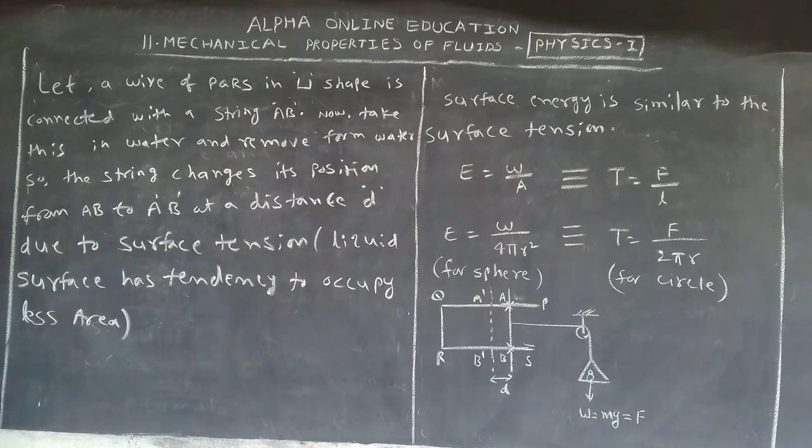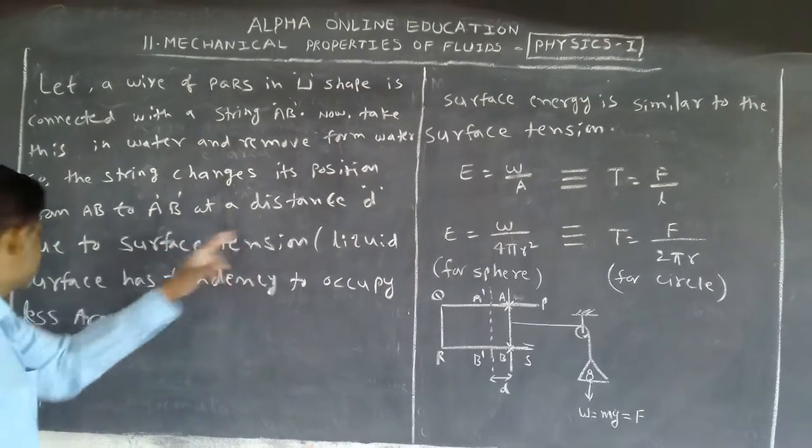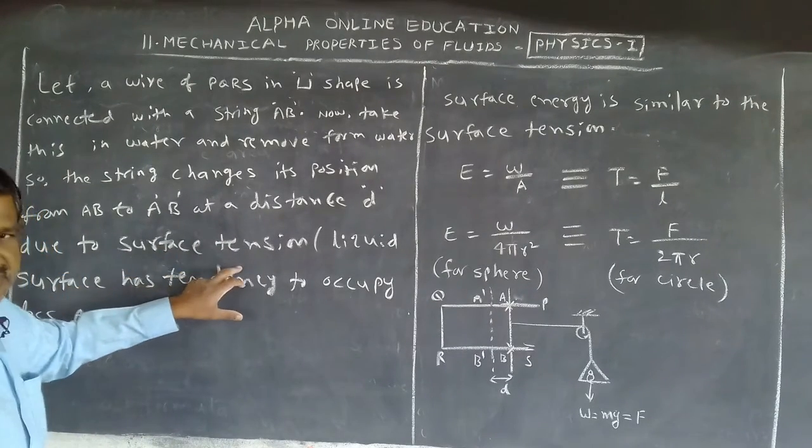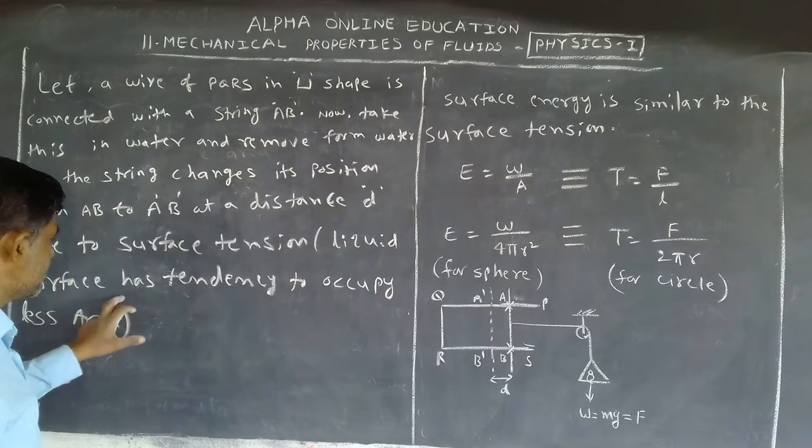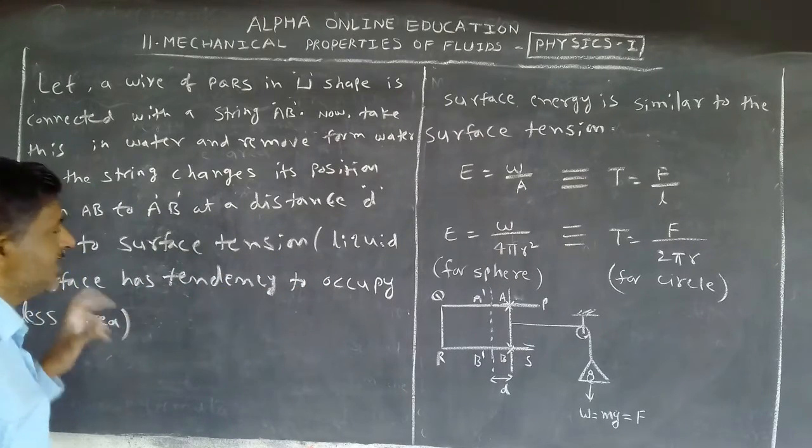Why does the string move from AB to A dash B dash at a distance d? Due to surface tension. As we studied, the liquid surface has a tendency to occupy less area.